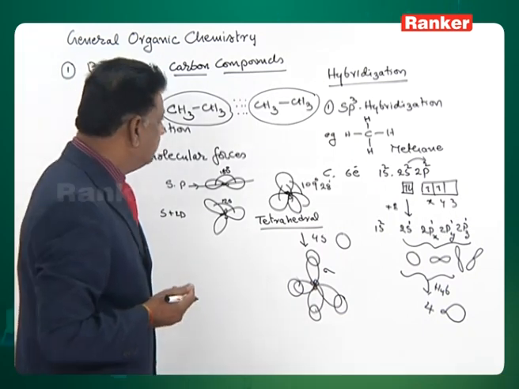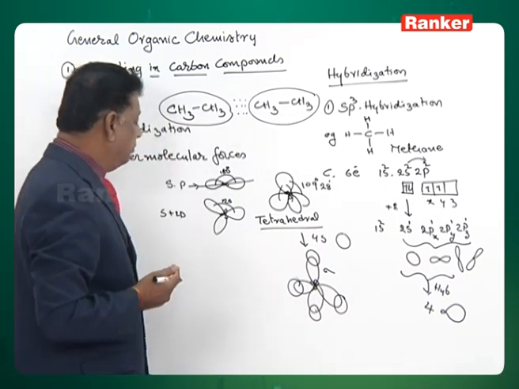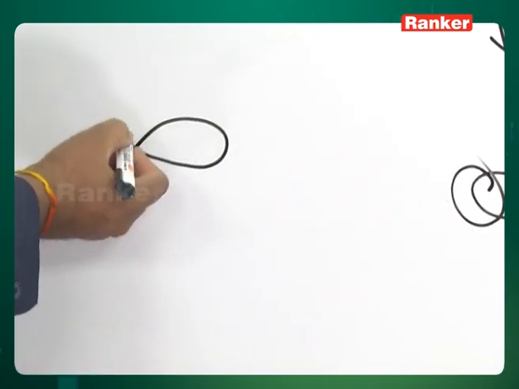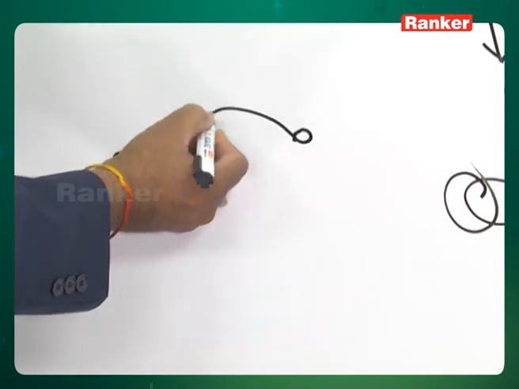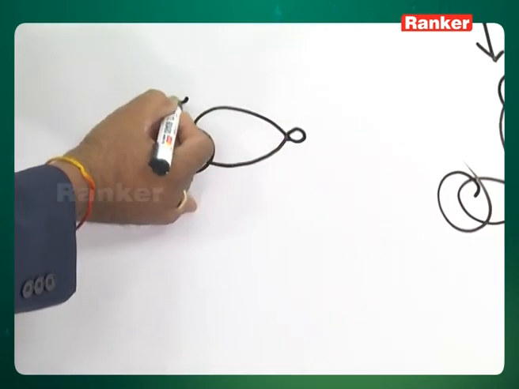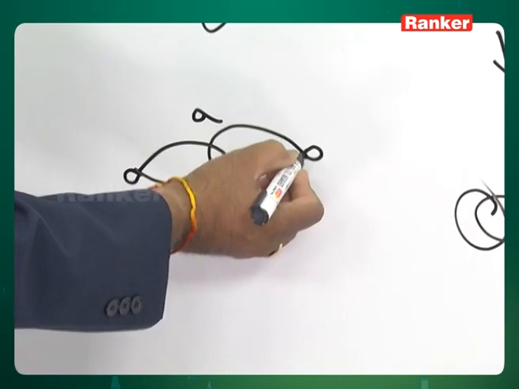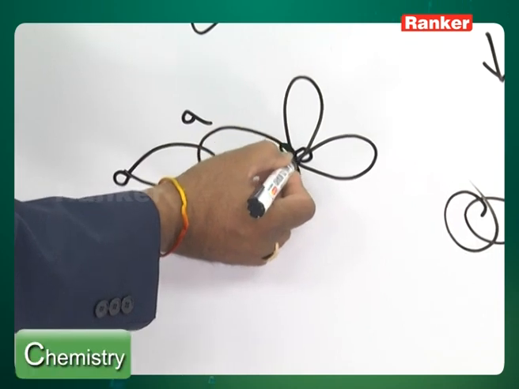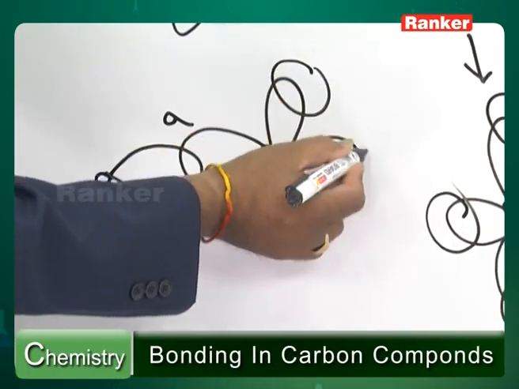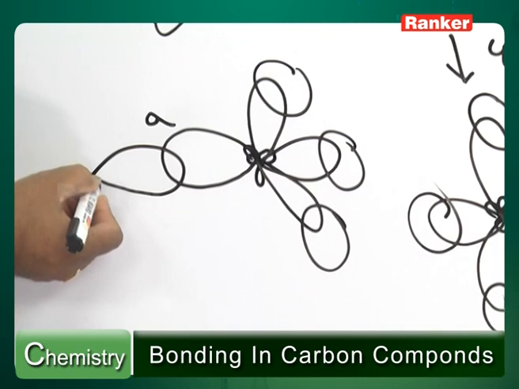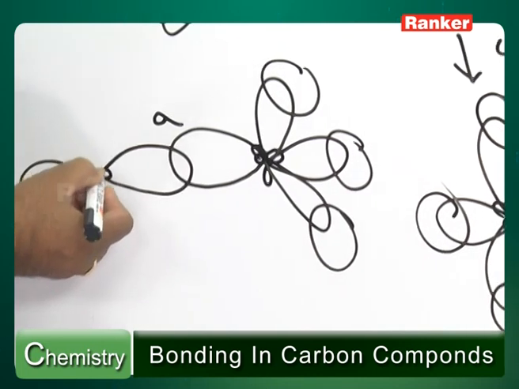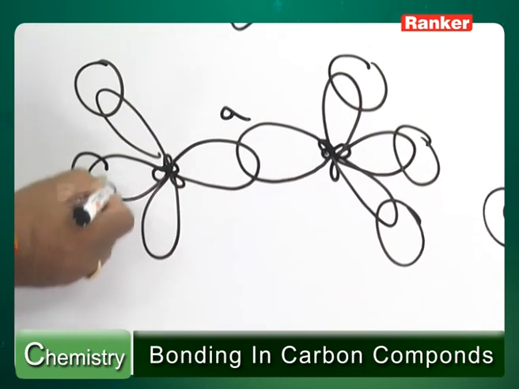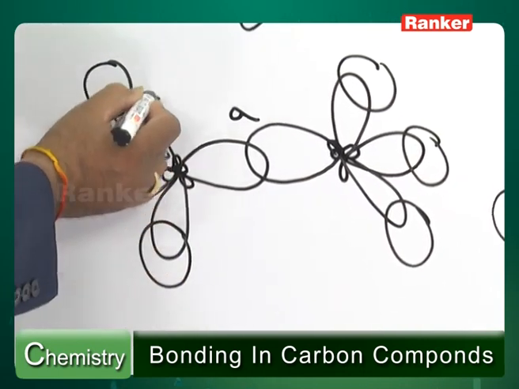All strong bonds we call sigma bonds. Now, when the ethane molecule comes, how do you explain? One sp3 orbital of the first carbon and another sp3 orbital of the second carbon will make a sigma bond formation, and then there will be three other hybrid orbitals at carbon 1 overlapping with hydrogens, and another three hybrid orbitals at the second carbon also overlap with hydrogens, making three more sigma bonds.